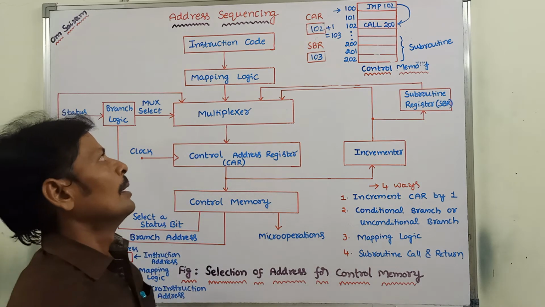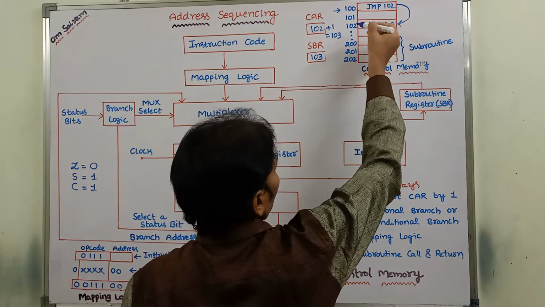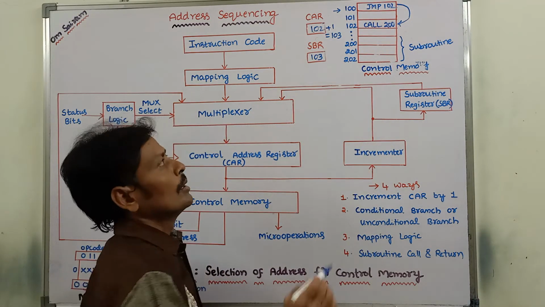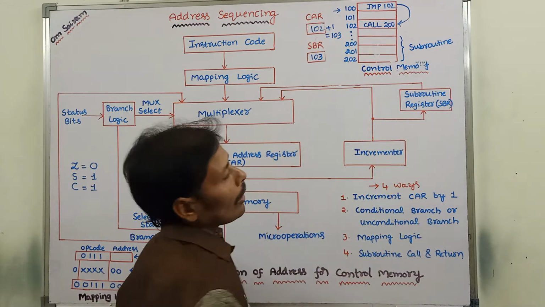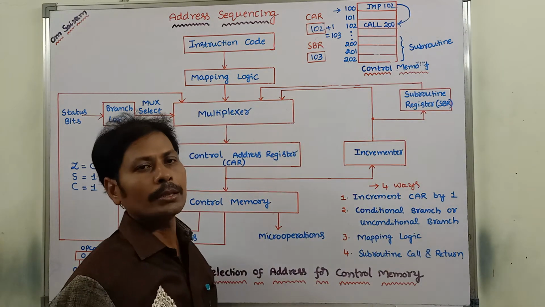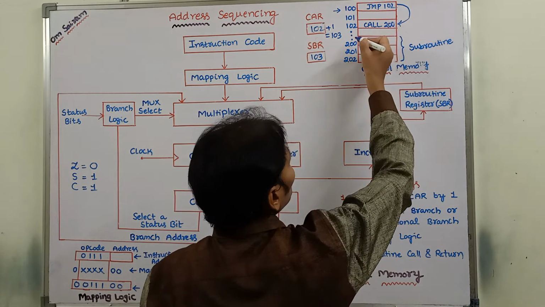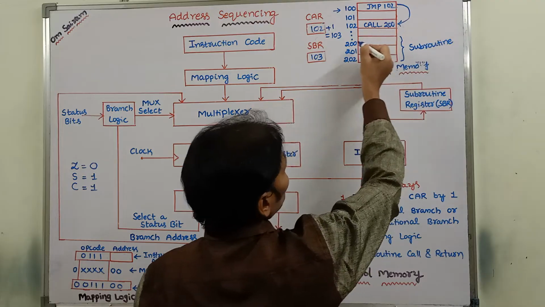Now, whenever we are executing the instruction at 102, the instruction is a call instruction. So here, call 200. The control immediately transfers from 102 to 200.